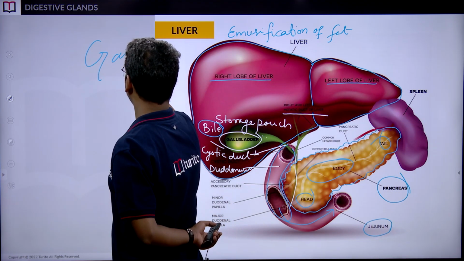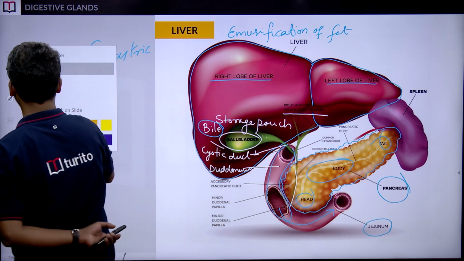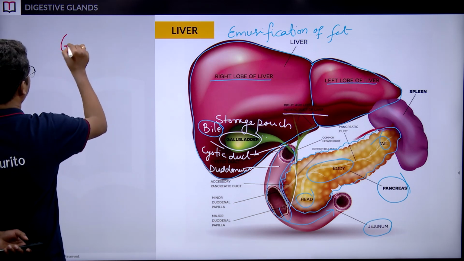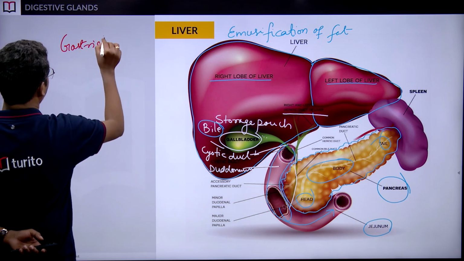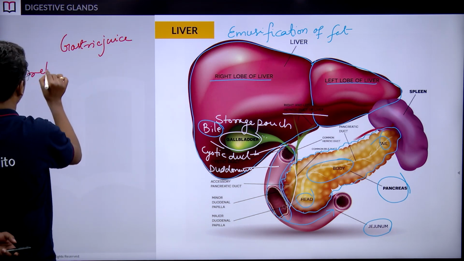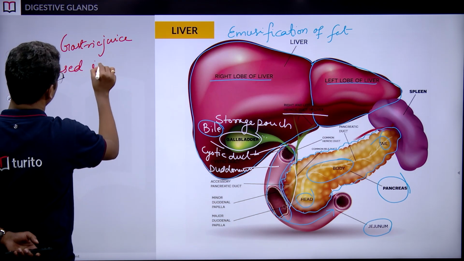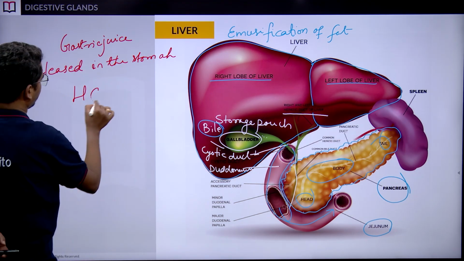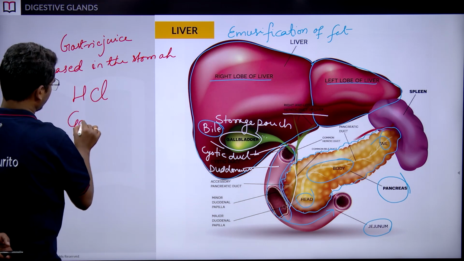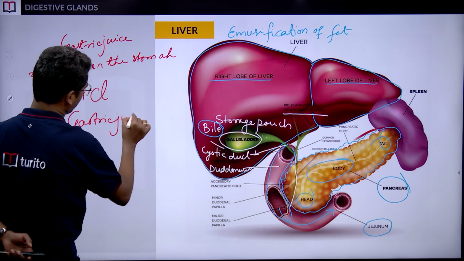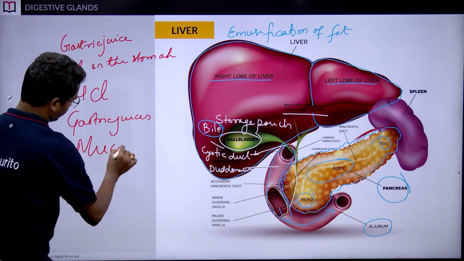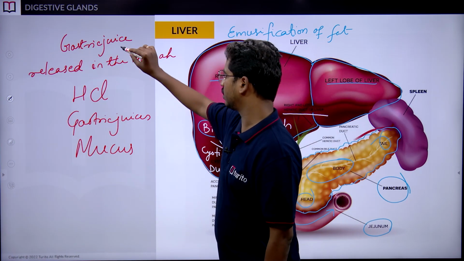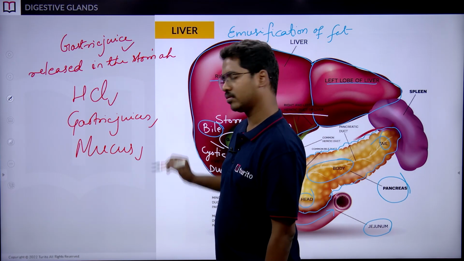We have gastric juice released in the stomach, which has different components: HCl and mucus. Just observe.